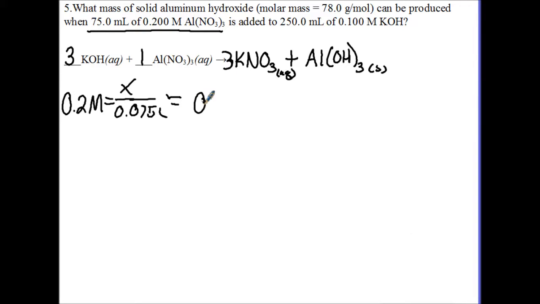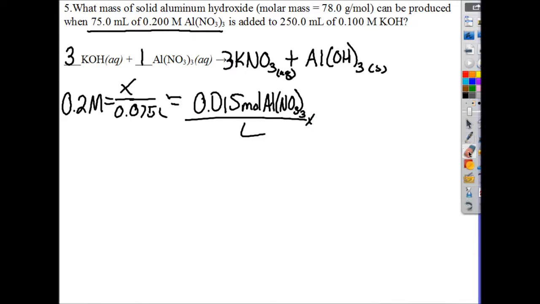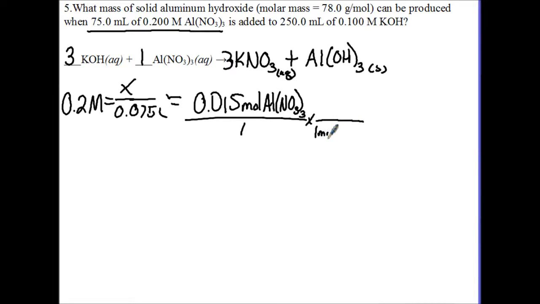Which gives us 0.015 moles of AlNO3. Okay, for every 1 mole AlNO3, we get 1 mole AlOH3.